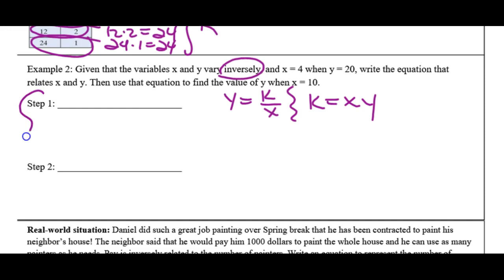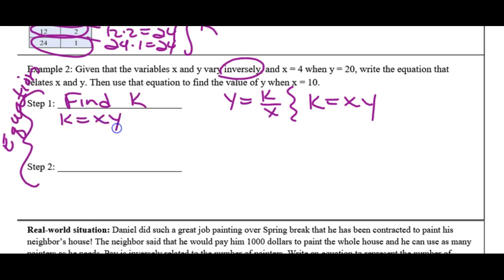So step 1 and 2, remember that this is for writing the equation, which is only half of our problem. Step 1 is to determine your k. In this case, we know that k is x times y, and we have an x of 4 and a y of 20, so our k is 80.